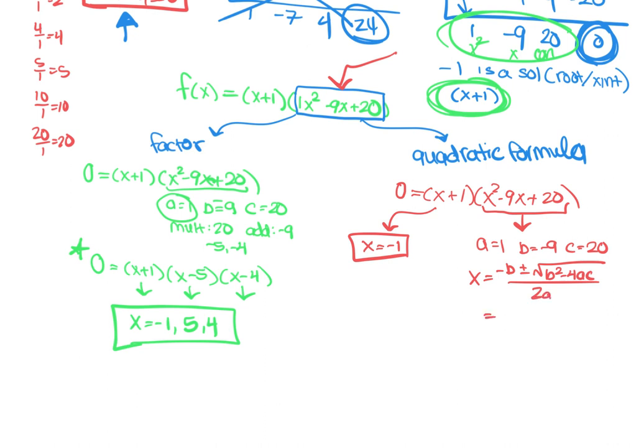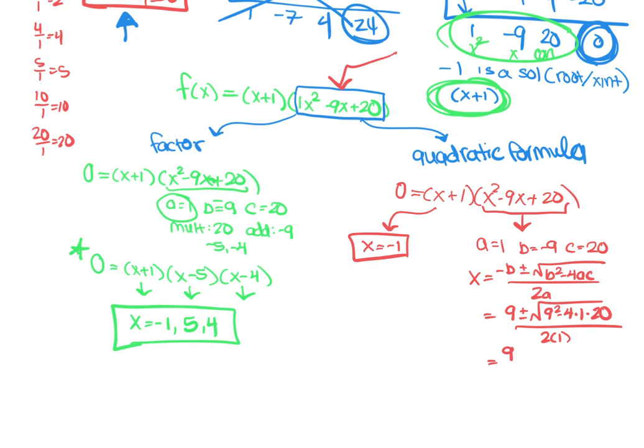So negative b would be opposite of b, so that would be a positive 9, plus or minus the square root of 9 squared minus 4 times 1 times 20, all over 2 times a, which is 1.